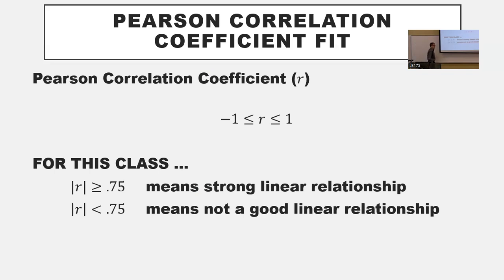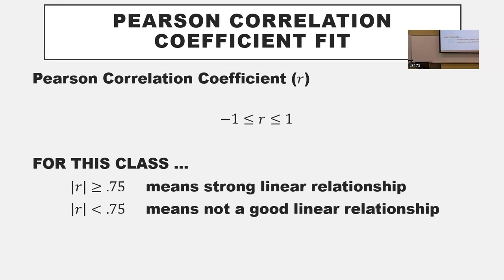For this class, we're going to use a cutoff value of 0.75 to determine whether it's a strong linear relationship or not a good linear relationship. Any R value which is under 0.75 in absolute value, we're going to say it is not a good relationship.